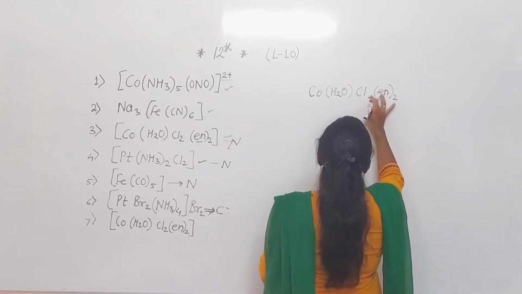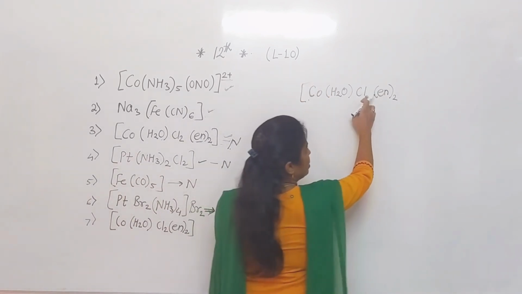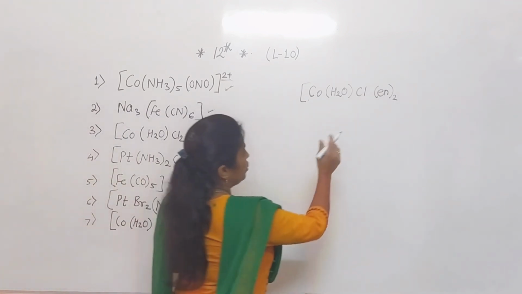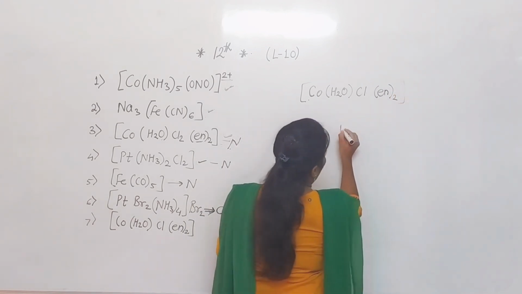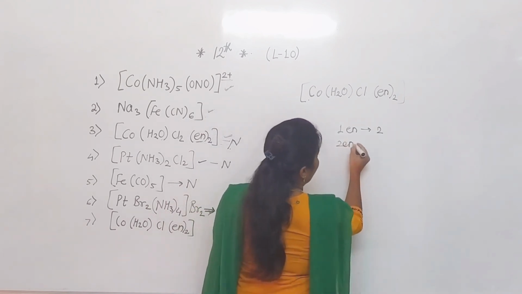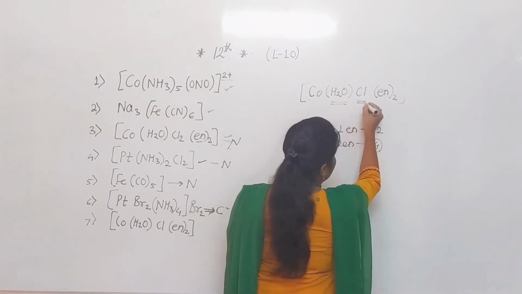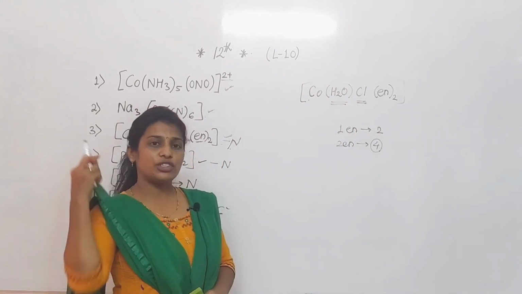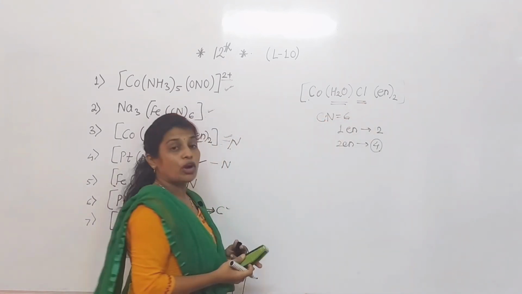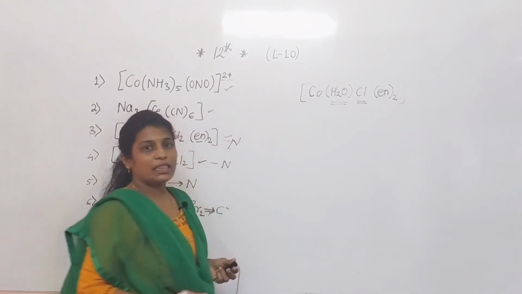If we consider En, one En has 2 donating atoms, 2 En have 4, 1 H2O makes 5, and Cl makes 6, means the coordination number of this complex is 6. So I have corrected that it is not Cl2, it is Cl, because it is an octahedral complex.